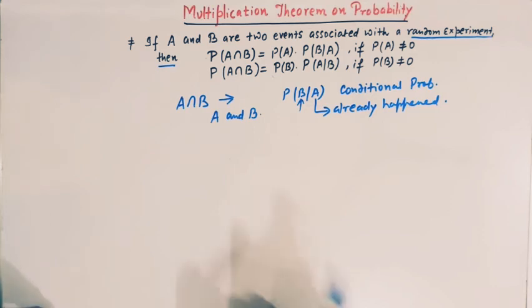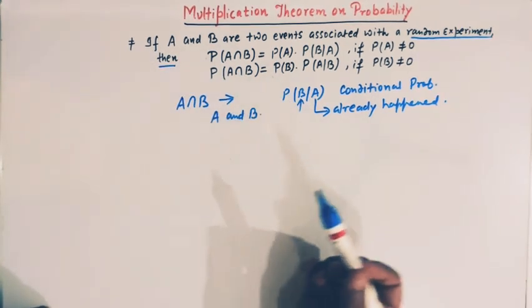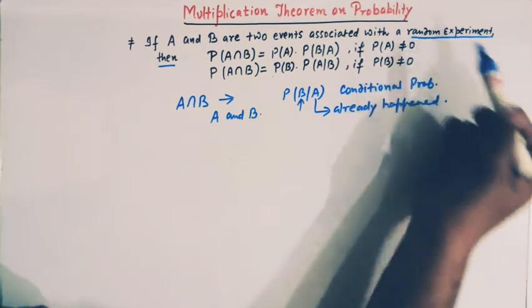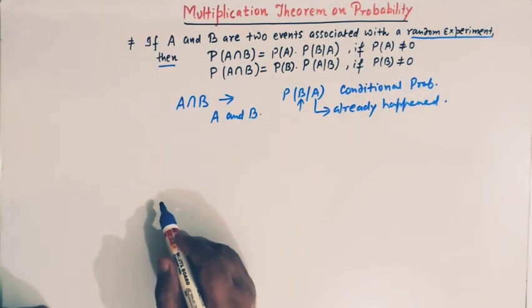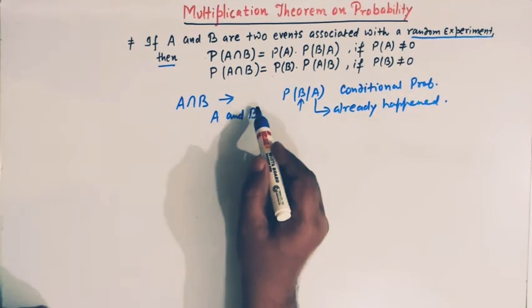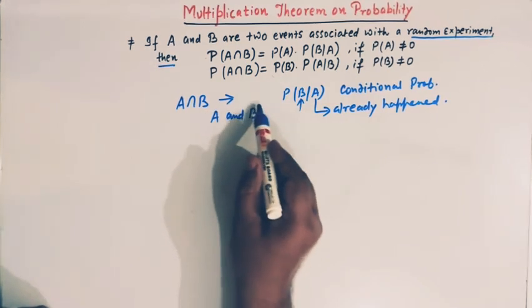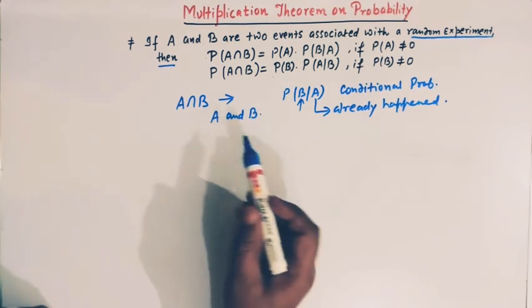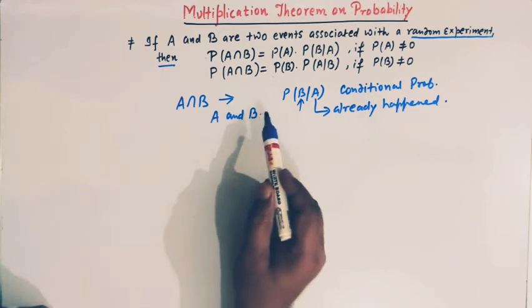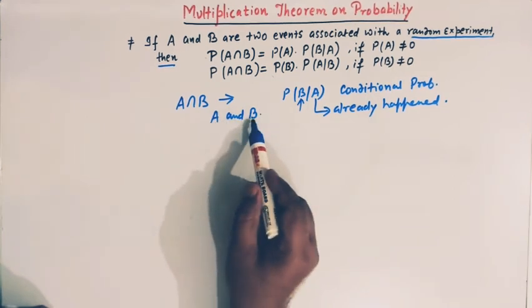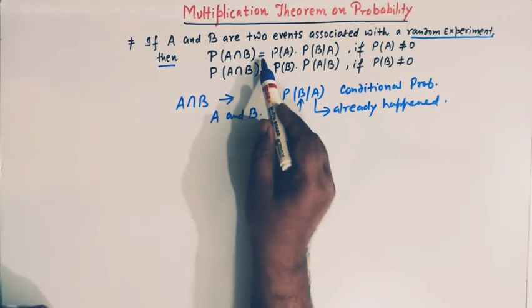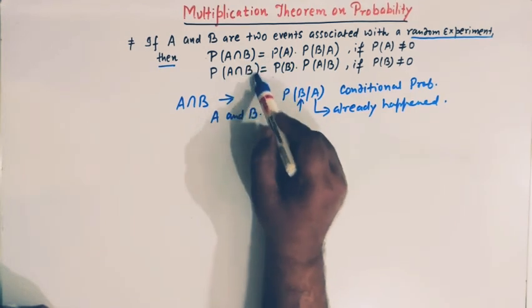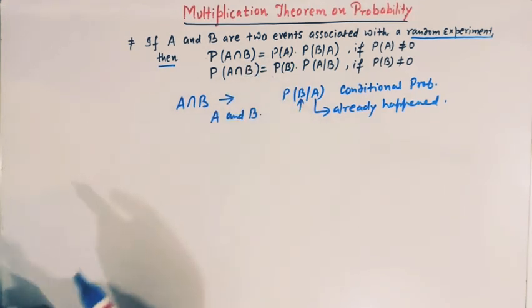If A and B are two events associated with some random experiment, then the probability of happening of both the events simultaneously, that is A and B, is given by these two expressions. Let us make it clear with the help of one example.